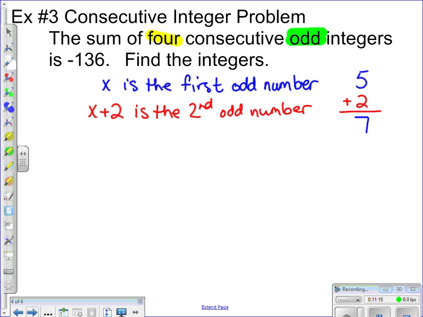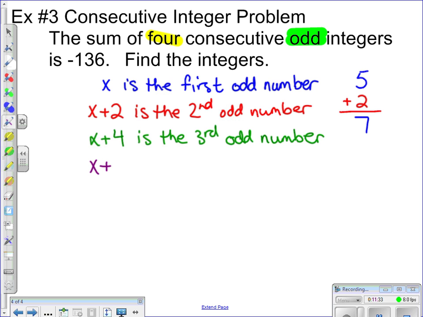That makes the third one. x plus 4 is the third odd number. And then this time we have a fourth number, and that's going to be x plus 6, the fourth odd number.